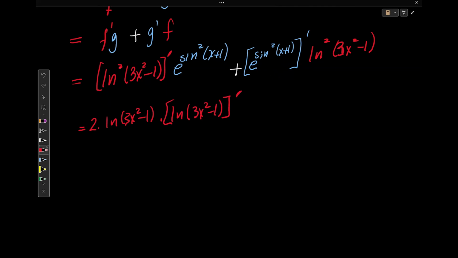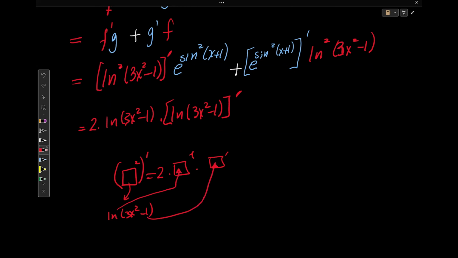Again, this looks like I had something squared prime. And this something here happened to be the ln of 3x squared minus 1. Power rule says drop the power, that's something to one less power, times the derivative of that something. But if that something is the ln, here the ln goes in here, and now I'm taking the derivative of the ln.